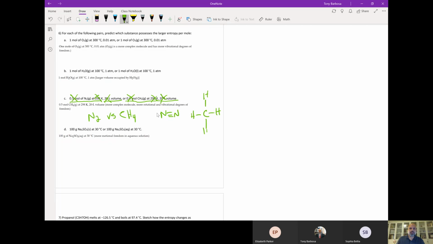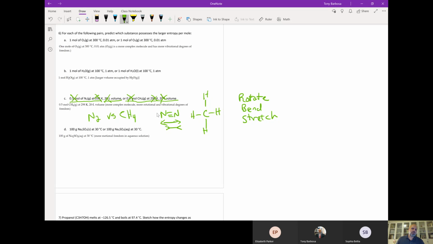Our molecules have the ability to rotate, they can bend, they can stretch. There are all different things that these molecules can do. Nitrogen has the ability to stretch outwards and collapse coming back inwards.